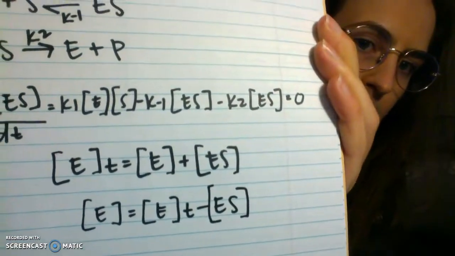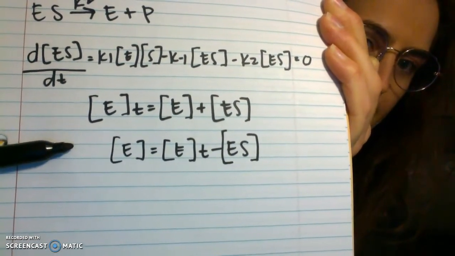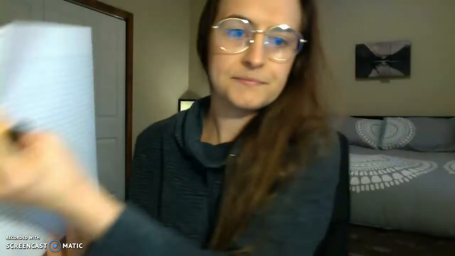Another way of writing this can also be E equals E total minus ES. I'll show you that now. So like I said, this is just another way of writing that. Then we just have to subtract ES from both sides to solve for E.